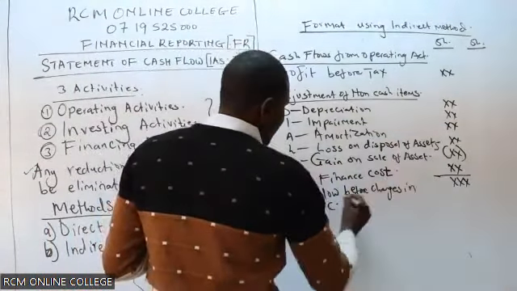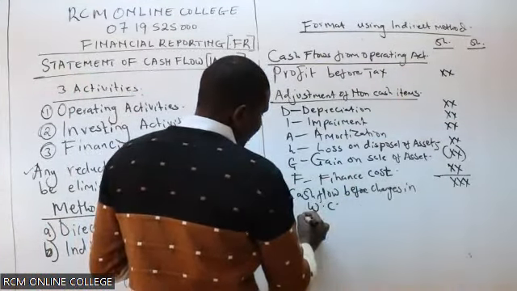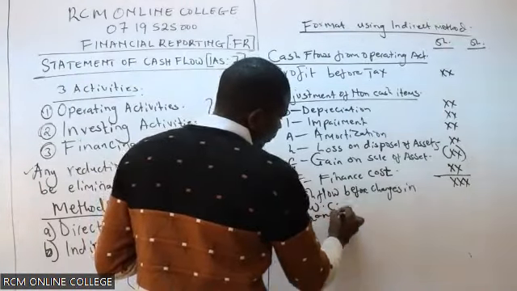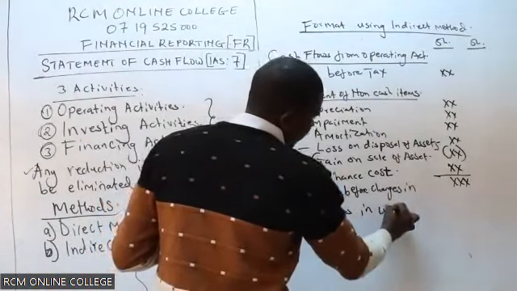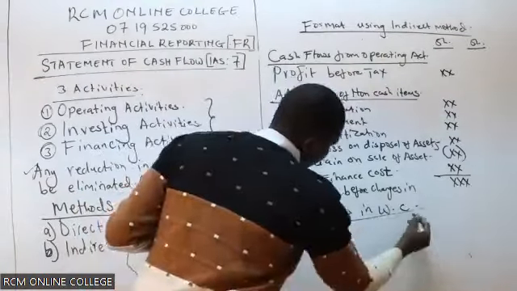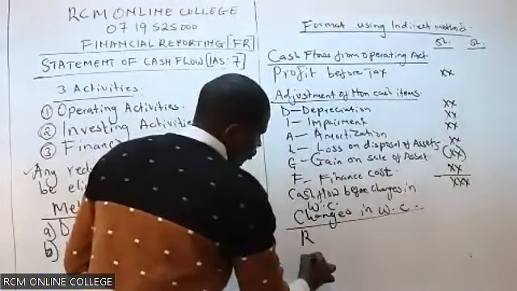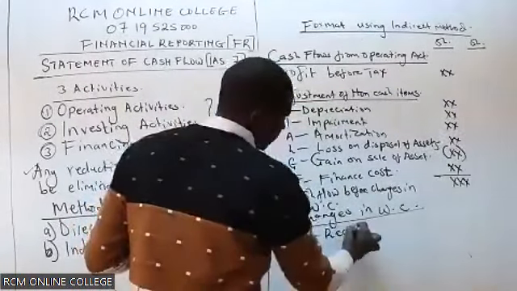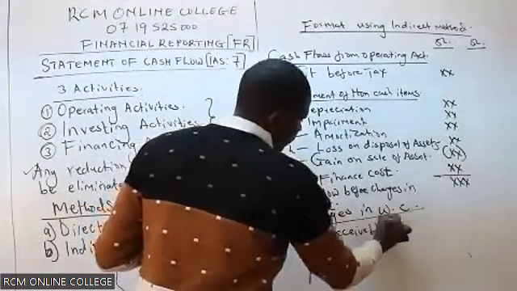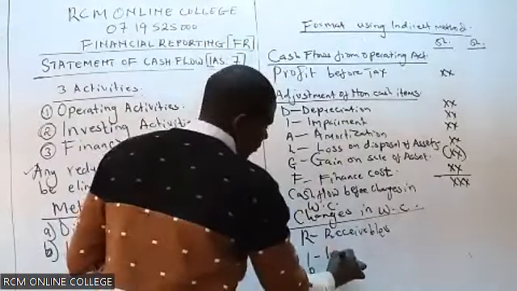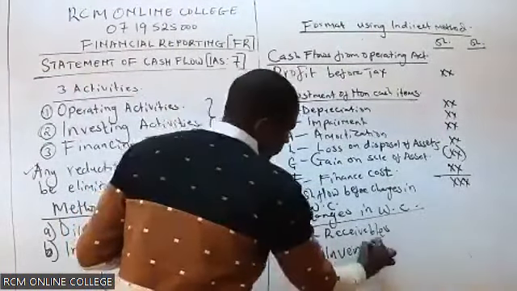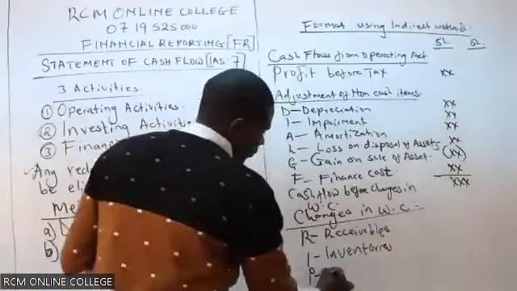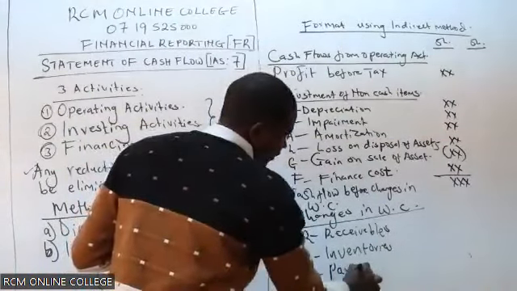So in this case, we're going to look at changes in working capital. For you to identify the changes, we can use the acronym LEAP. Receivables, we have inventory, and we have payables, as you have given me.